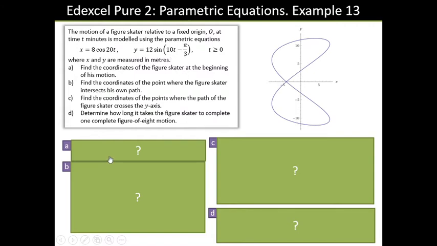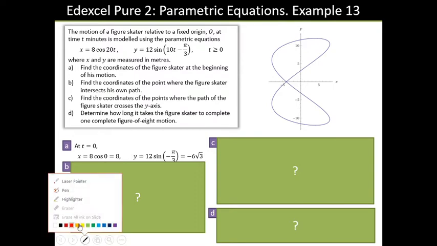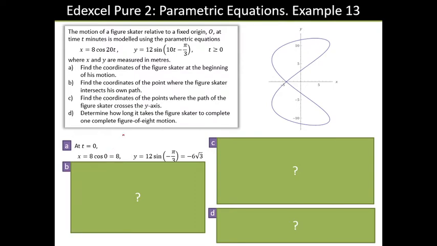If you chose to do that, you did the right thing. It's asked for the coordinates of the figure skater, so hopefully you also put in coordinates: 8, negative 6 root 3.